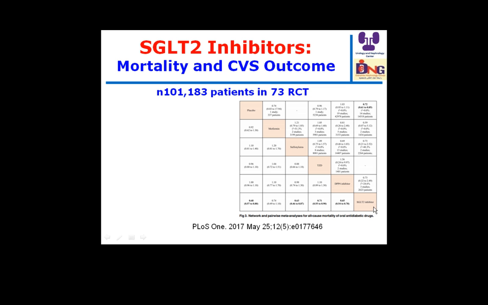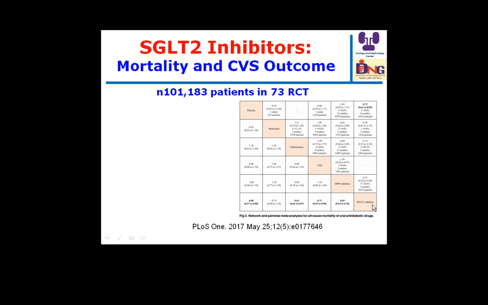Sodium glucose cotransporter 2 inhibitor significantly reduced all-cause mortality in comparison to DPP-4 inhibitors, and significantly reduced it in comparison to TZDs, and the same with sulfonylurea. There is an insignificant difference with metformin, and it is superior to placebo.